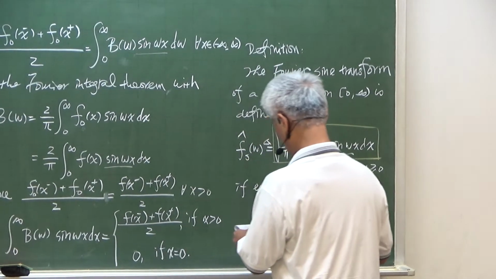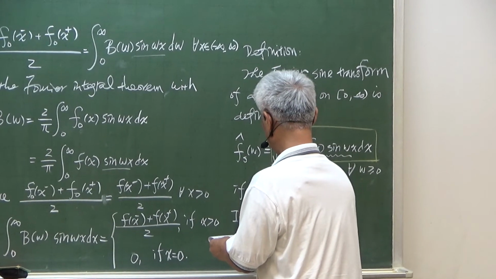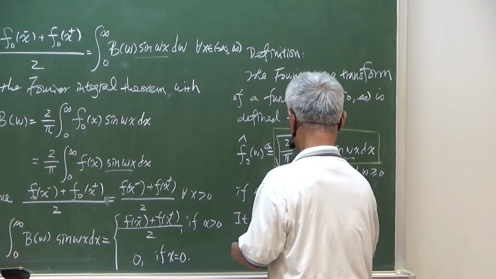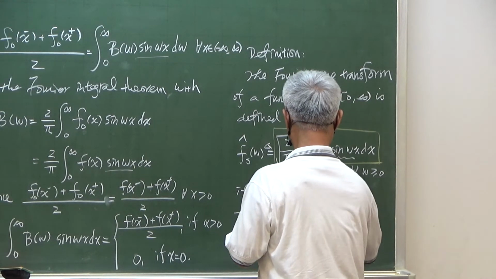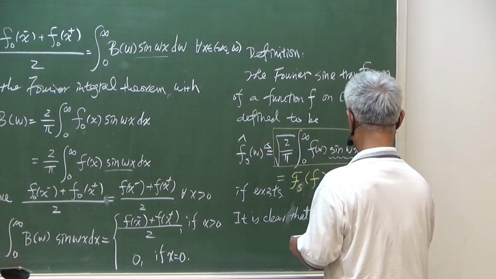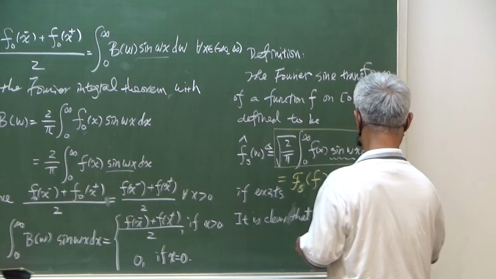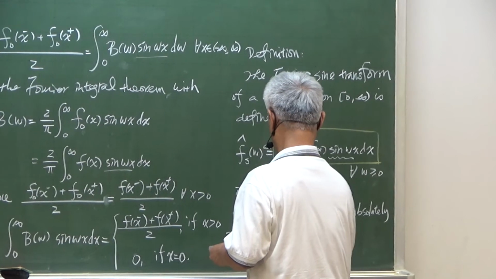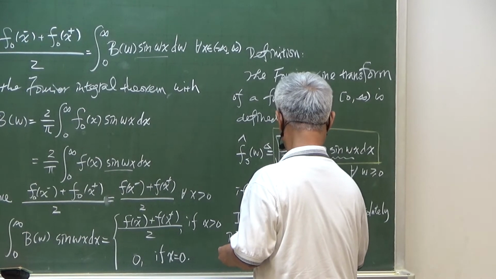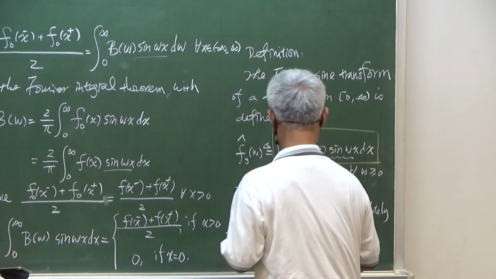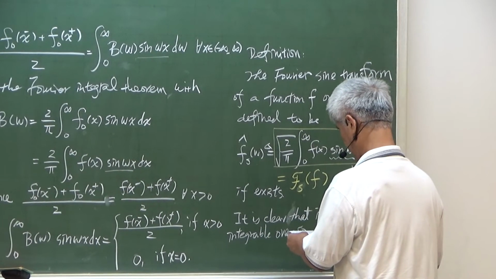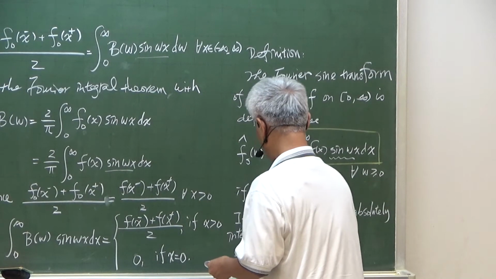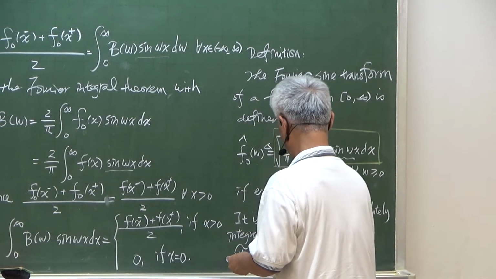Now it is clear that if f is absolutely integrable over the semi-infinite interval, then the Fourier sine transform of f exists.